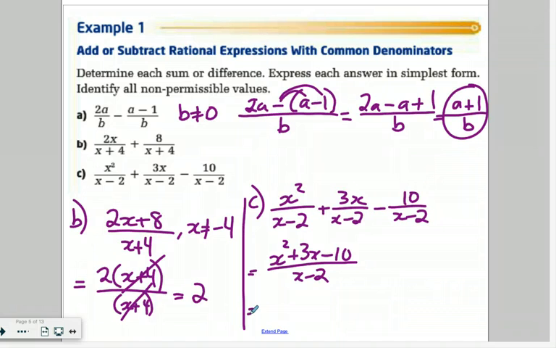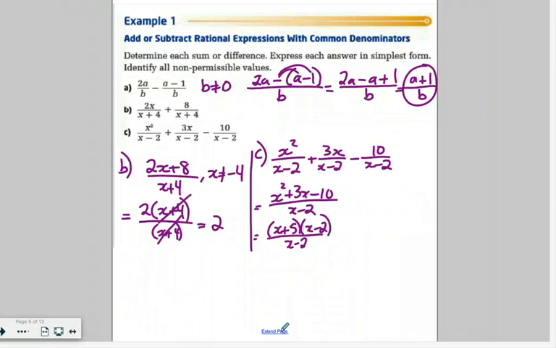And then again, attempting to simplify, just like we've been doing in previous lessons, can I factor that numerator or the denominator? I'm looking for two numbers that multiply to give me negative 10 and add to give me positive 3. They are 5 and negative 2. So the numerator factors into x plus 5 times x minus 2, all over x minus 2. The x minus 2's cancel, and I'm left with just x plus 5.